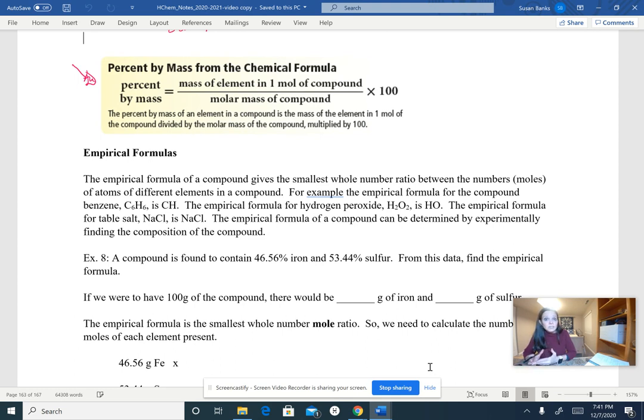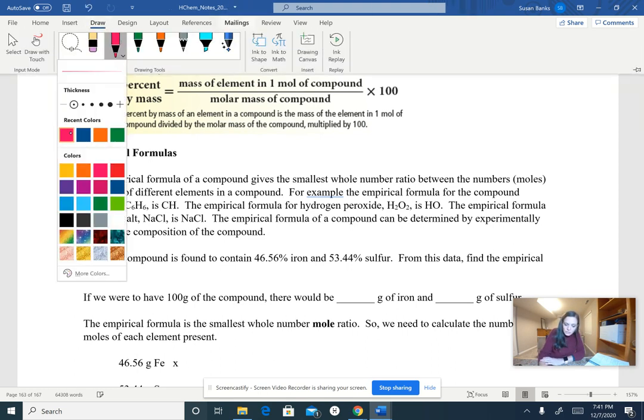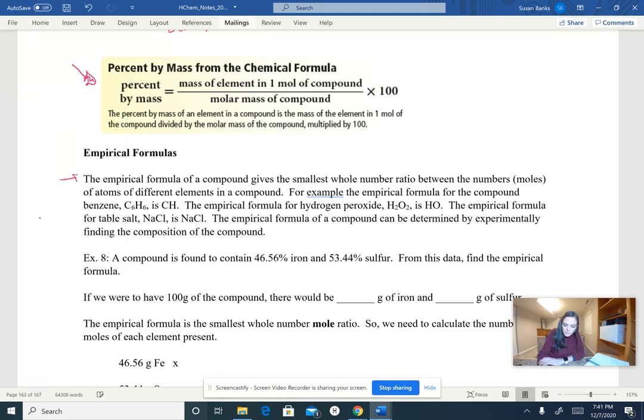I want to introduce the concept of empirical formulas right now. So the definition of empirical formula is right here. So let me get a tool out so that I can draw. Empirical formulas of a compound give us the smallest whole number ratio between the numbers or moles of atoms in different elements in a compound.